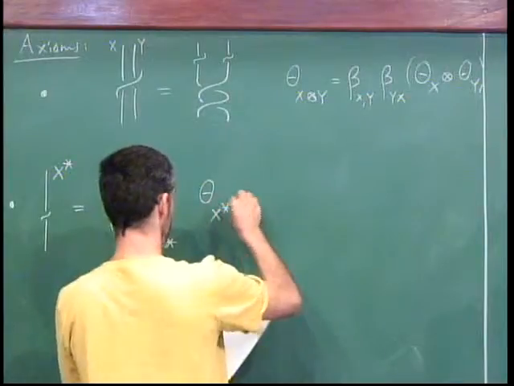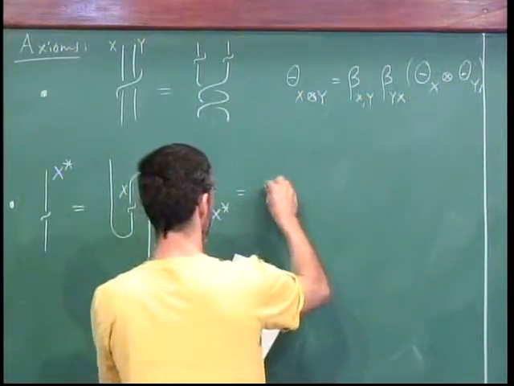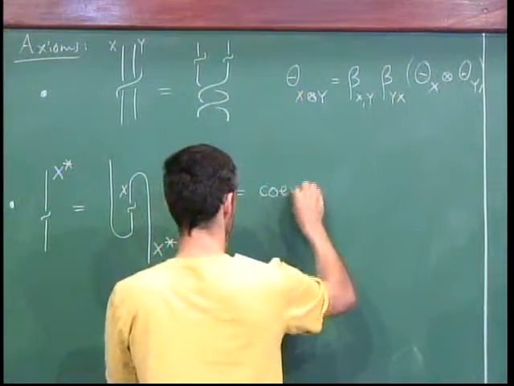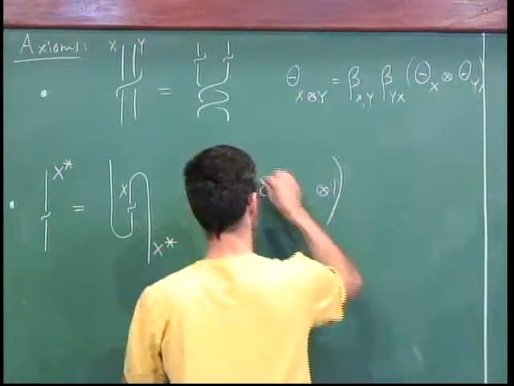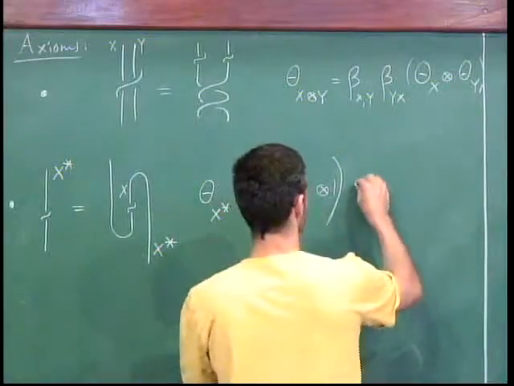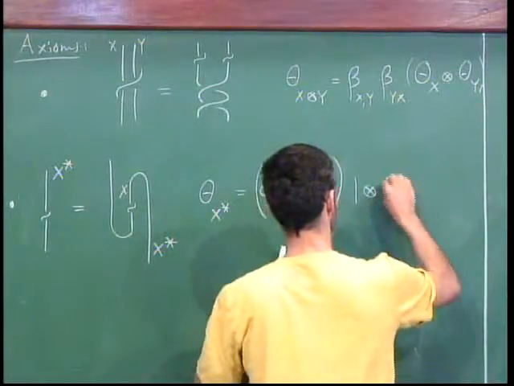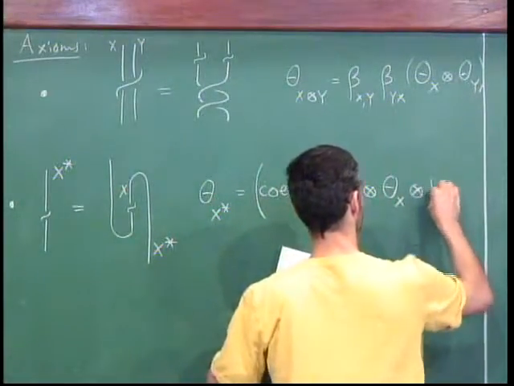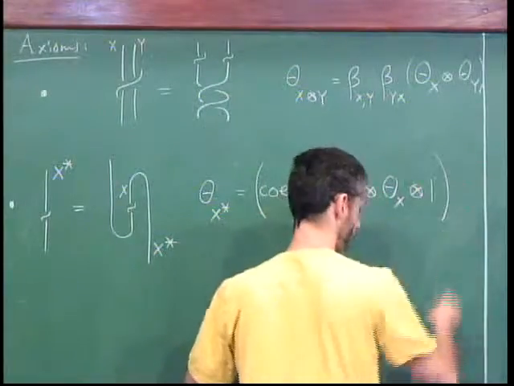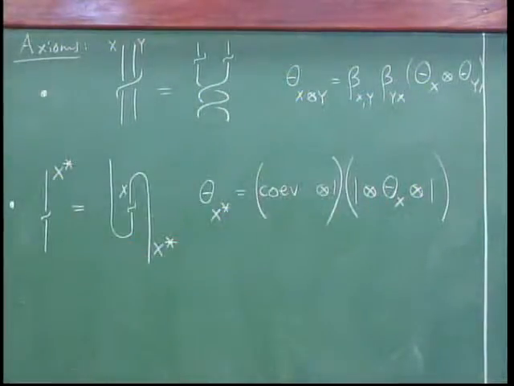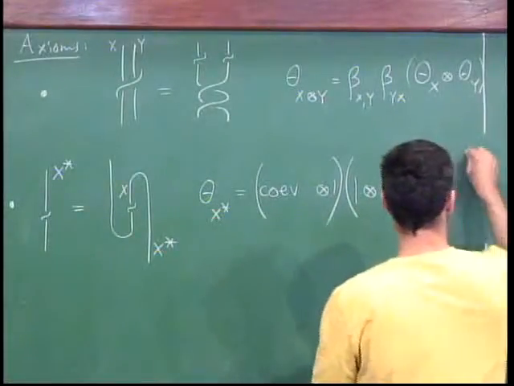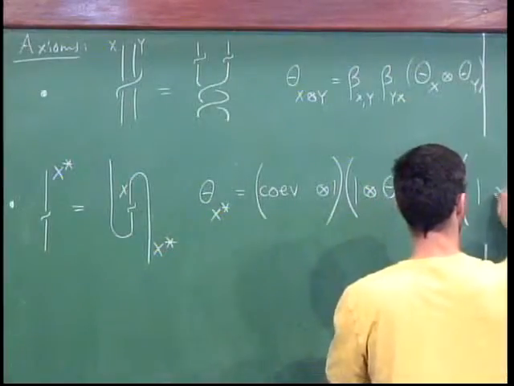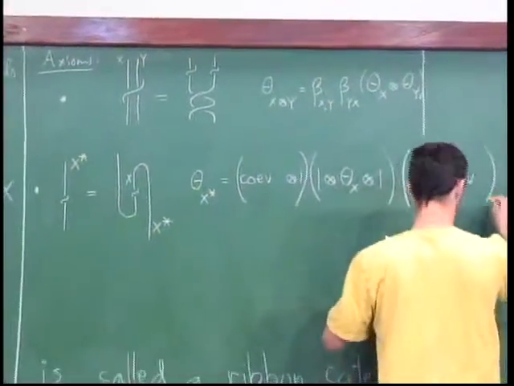Theta sub right dual of x equals co-evaluation tensor 1 composed with 1 tensor theta x tensor 1 composed with 1 tensor evaluation.